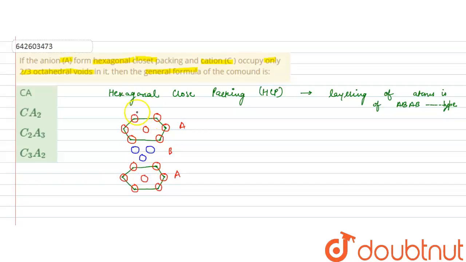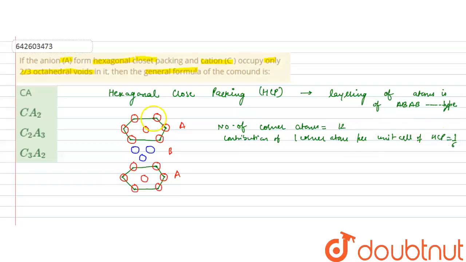So the corner atoms are 1, 2, 3, 4, 5, and 6 in this sheet. So the number of corner atoms in HCP packing is 12, and the contribution of one corner atom per unit cell of HCP is 1 by 6, because it will be shared by 5 other unit cells also.